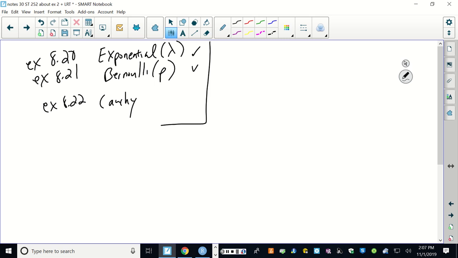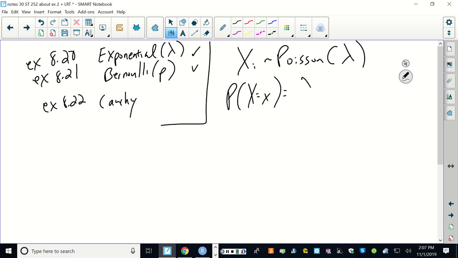So let's say that our data instead are Poisson, so we'll get a little contrast to the examples that are there. A Poisson random variable with lambda has probability lambda to the x e to the negative lambda over x factorial.